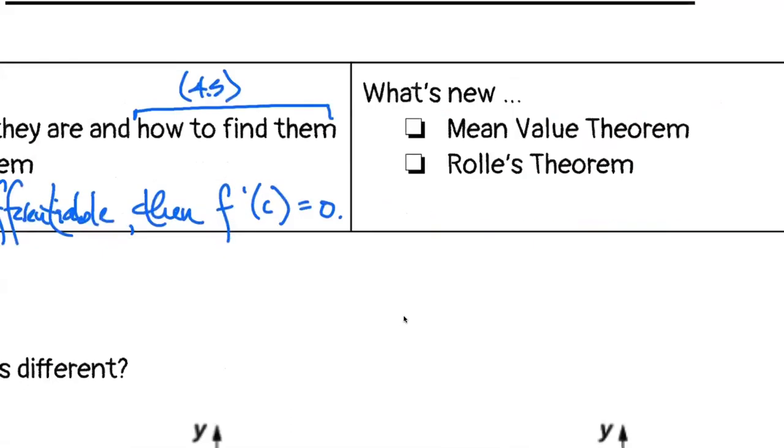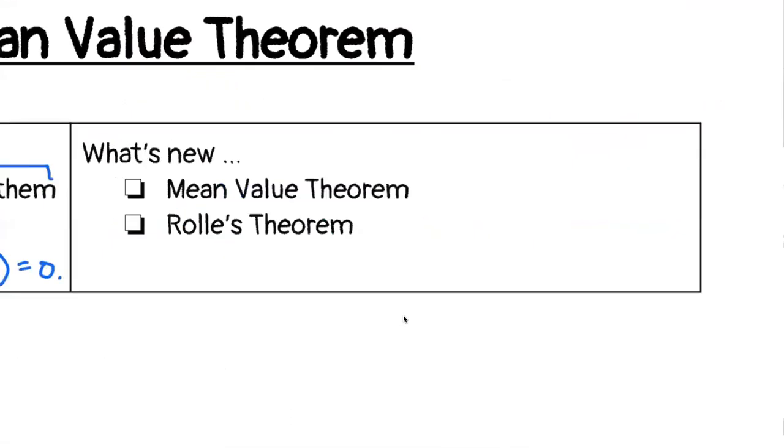And so what's new in this section? Well, we're going to be talking about two theorems in particular. We're going to talk about the mean value theorem, and then we're going to talk about Rolle's theorem. All right.